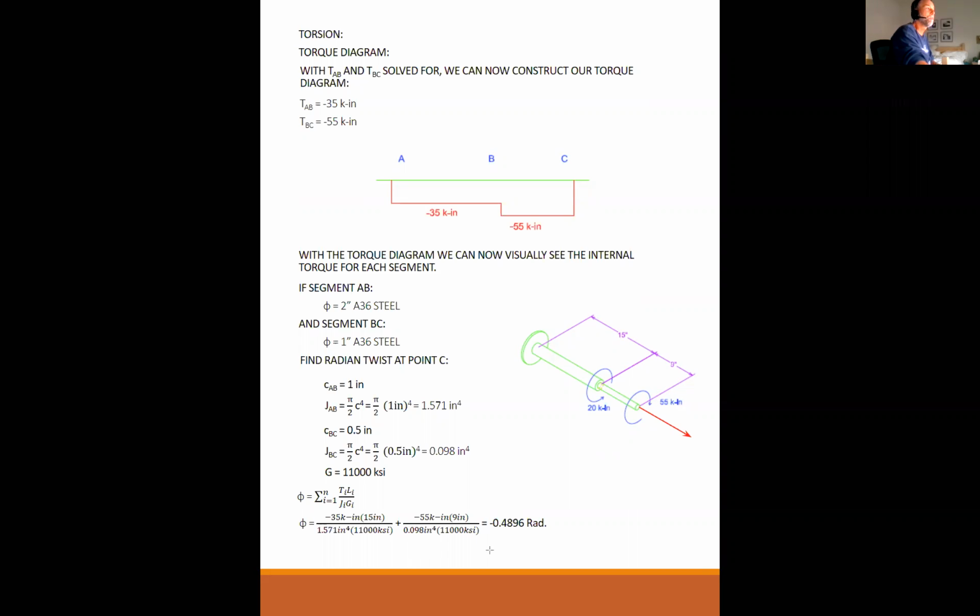But remember the principle of superposition? You can find all of your deformation and stresses due to the torques, and you can find all of your deformation and stresses due to the normal force, and they don't add to each other. One is a normal stress, the other one is a shearing stress.